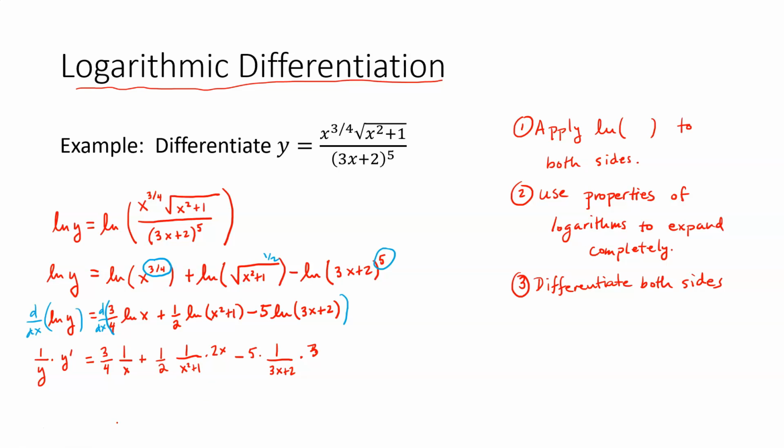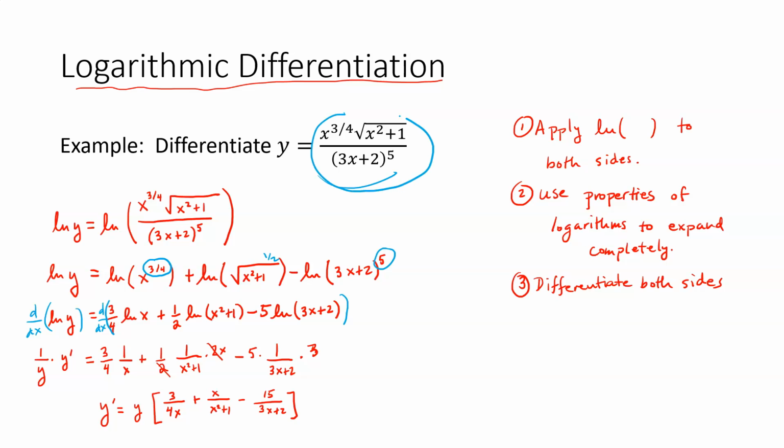Okay, and then a final step would be to multiply y to the other side. So I've got y times all this stuff here. I'll clean it up a little bit as we go. Notice here the 2's cancel. And then the final step would be to replace the original y.